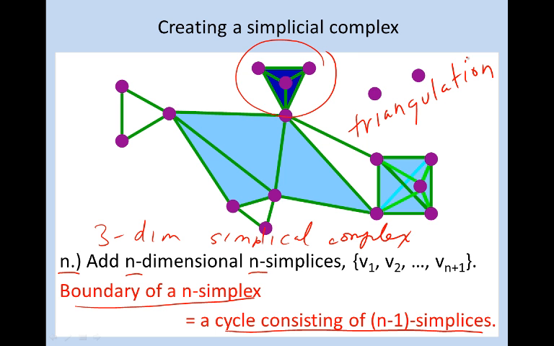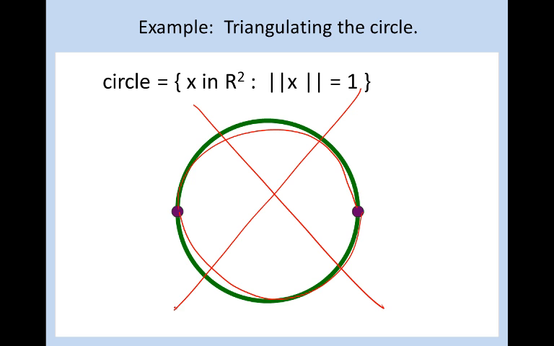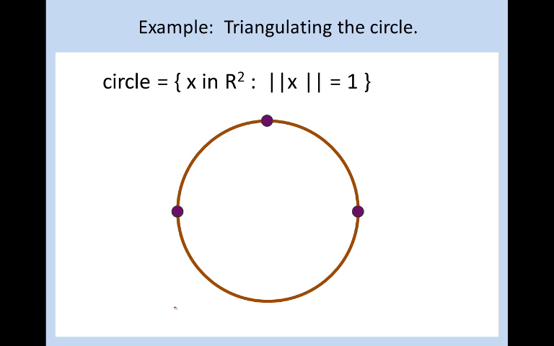Let us now triangulate a couple of familiar examples. We'll start with the circle. So our step 0 is to add 0-dimensional vertices, 0 simplices. Let's start by trying to add just 2 vertices. But then in step 1, when we add 1-dimensional edges, if I try adding these 1-dimensional edges here, well then I have multiple edges. We are not allowed multiple edges. So in my step 0, I'm going to need to have at least 3 vertices.